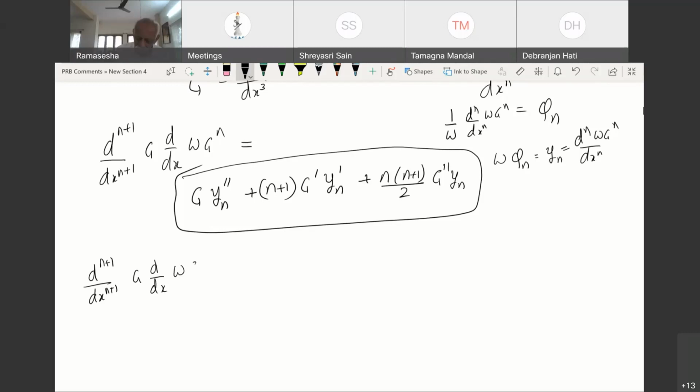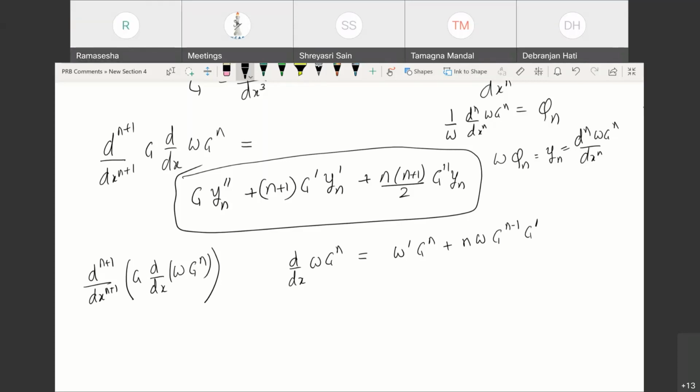Okay, I can differentiate. g to the power n derivative is nothing but W prime g^n plus n times W g^(n minus 1) times g prime, because d by dx of g^n is n g^(n minus 1) g prime. Okay, and the first one we have taken g^n as constant and differentiated the weight function. So you get W prime.